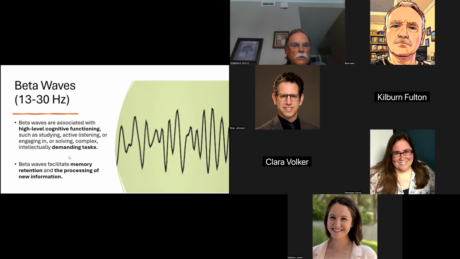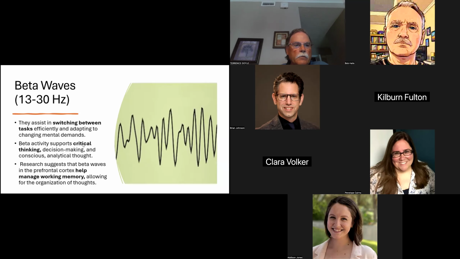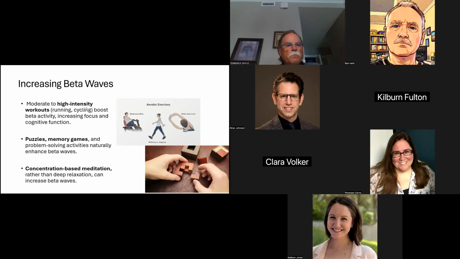They result in the brain's ability to deal with demanding tasks, solve complex problems, and process new information. So each one, as you can see, plays a significant role in the learning process of the brain. They assist the brain in switching between tasks, engaging in critical thinking processes, and managing working memory. So what increases beta waves?